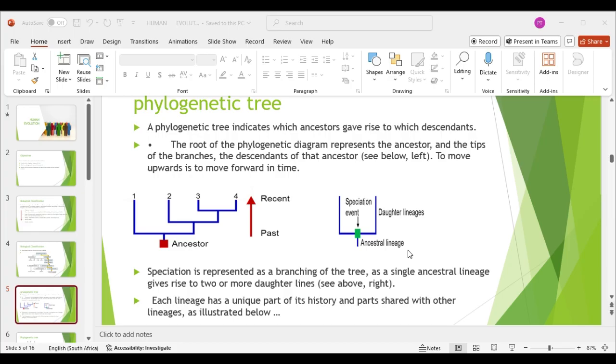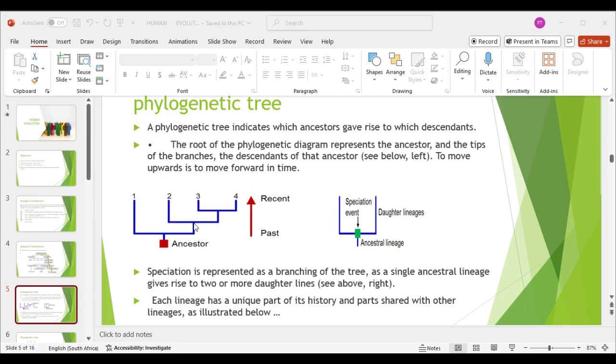On this diagram, we have the roots of the phylogenetic tree, which represent the ancestors, and the tips of the branches represent the descendants.